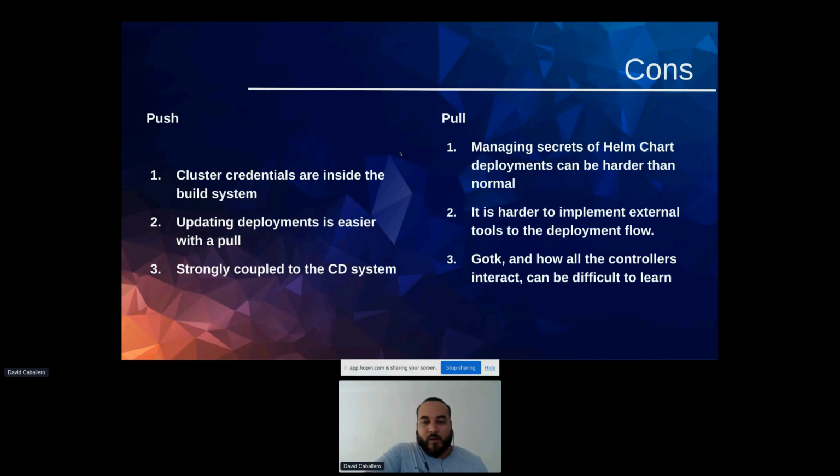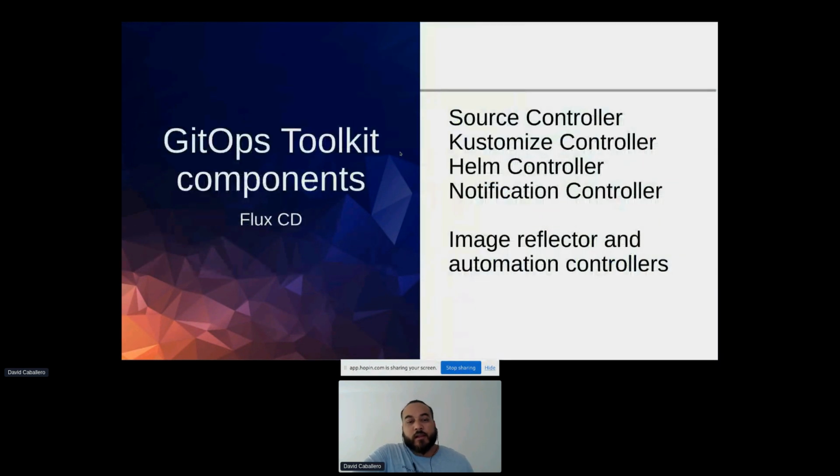And the last con for the pull approach is that with the GitOps Toolkit, or GOTK, understanding the components and how the controllers interact with each other can be difficult to learn. It might take a little bit of time.